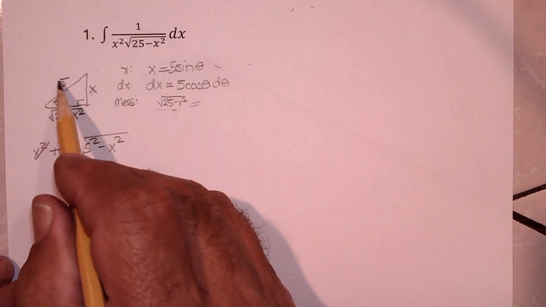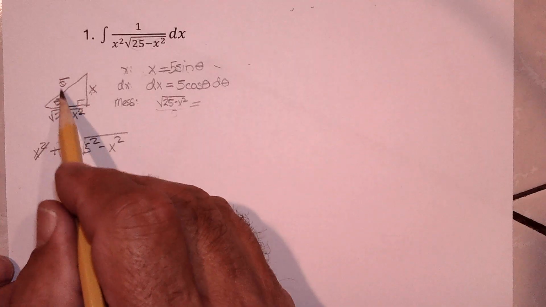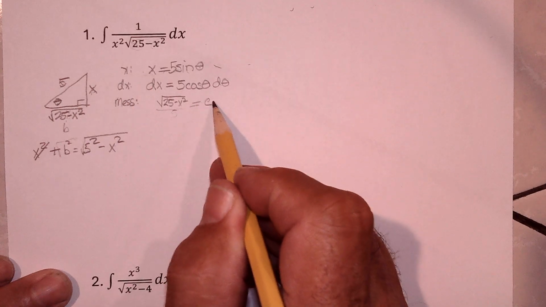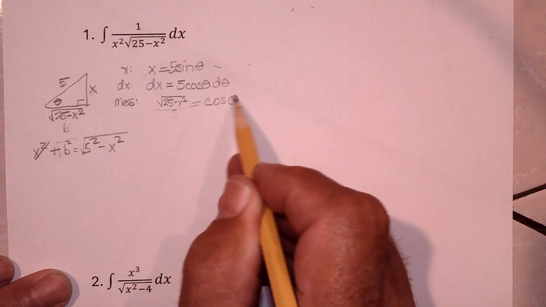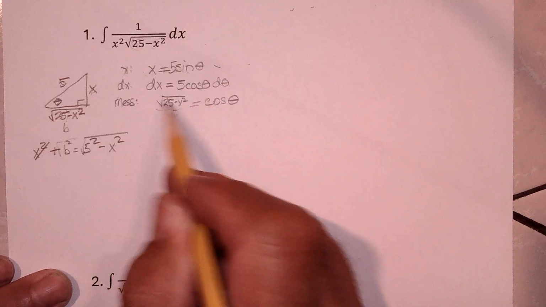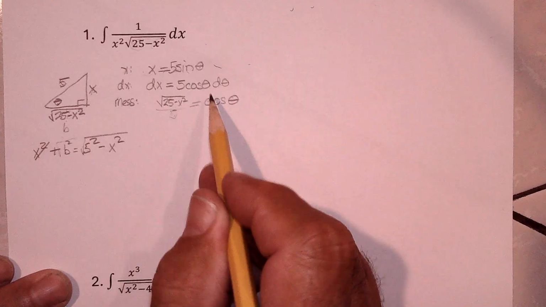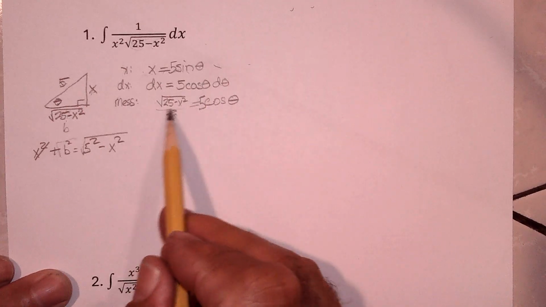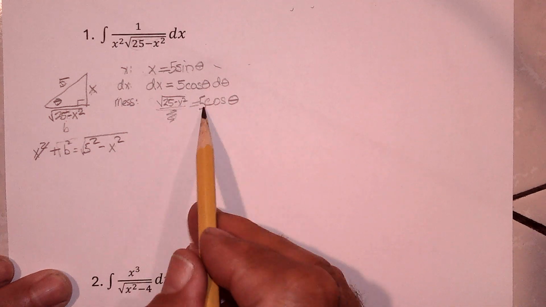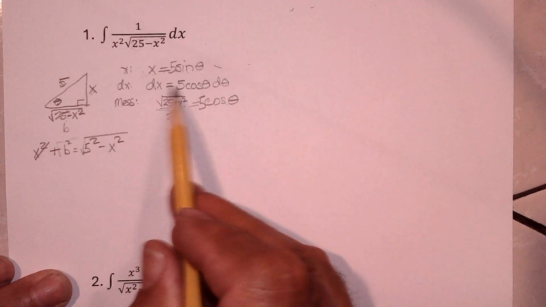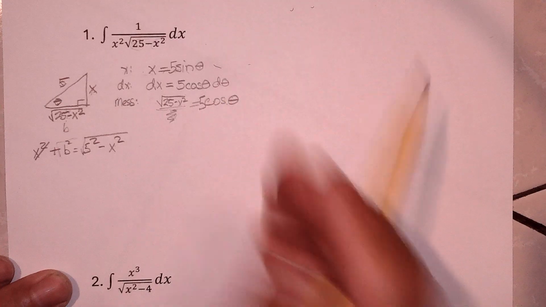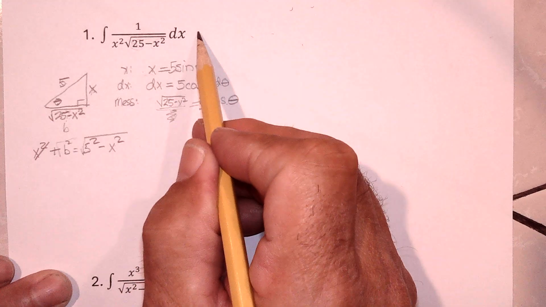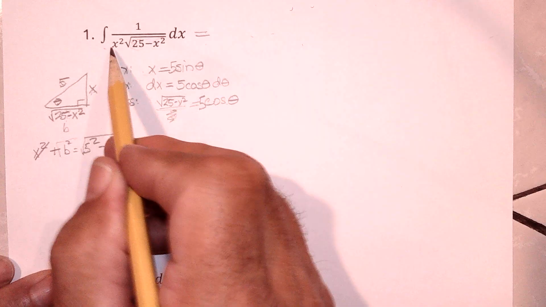That's adjacent over hypotenuse, adjacent to the angle. So adjacent over hypotenuse is the cosine. But I'm going to multiply both sides by 5 to get rid of this 5 down here. So this mess is 5 cosine theta, dx is 5 cosine theta d theta, and x is 5 sine theta. So now I can do my replacements.